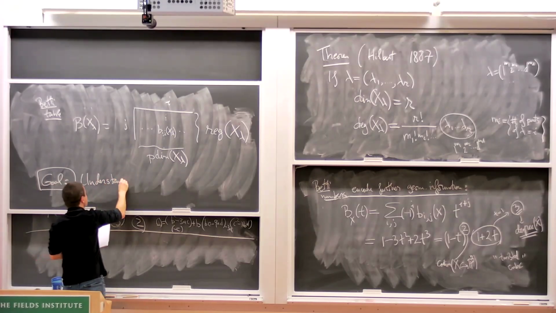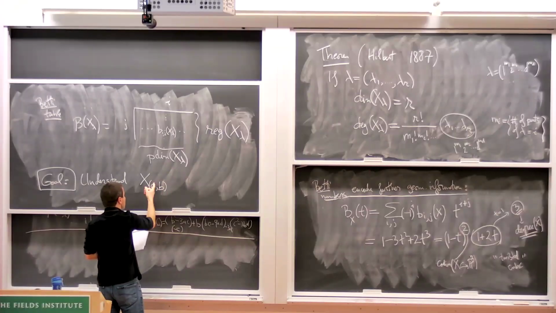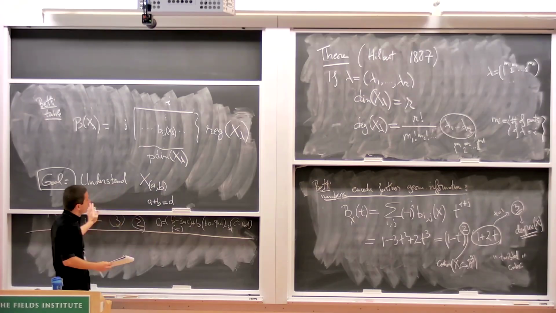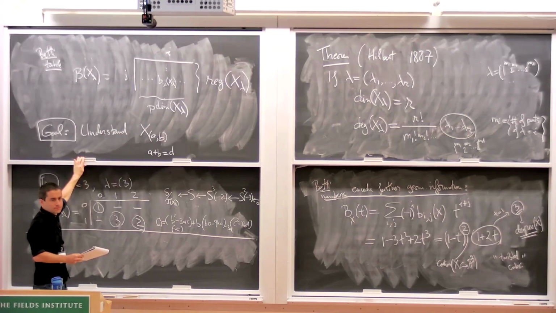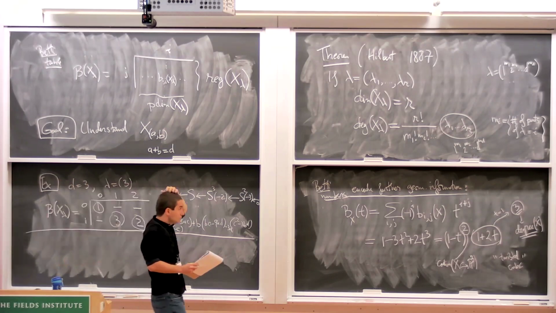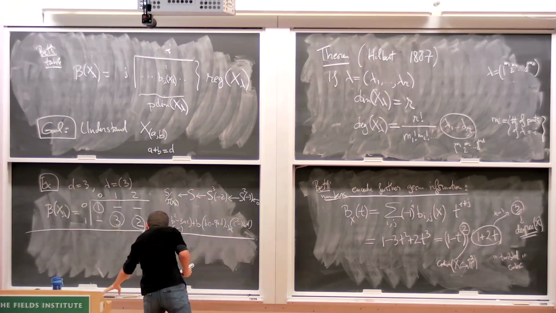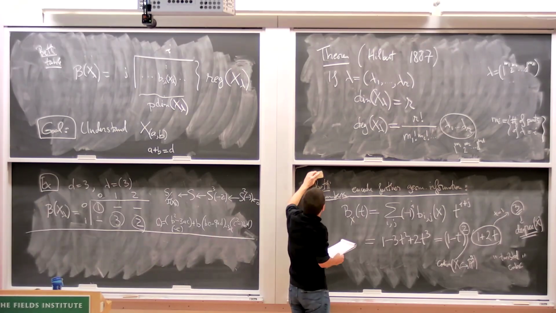So just understand the case X of (a, b), where of course it's a partition of d with 2 parts. The tangent developable would be one example, d minus 1, 1, but I want to try to understand all of them. Okay? So let me tell you some of what's known.